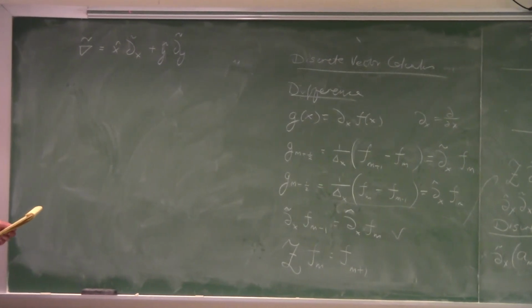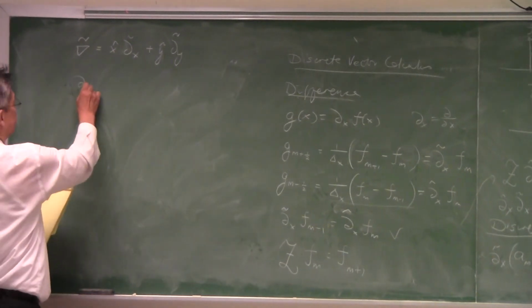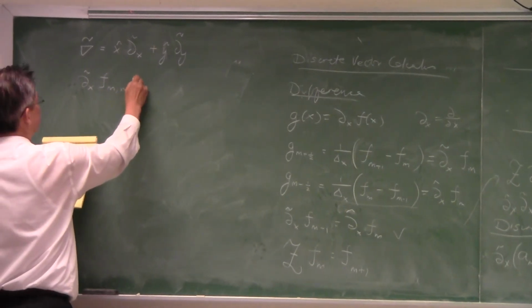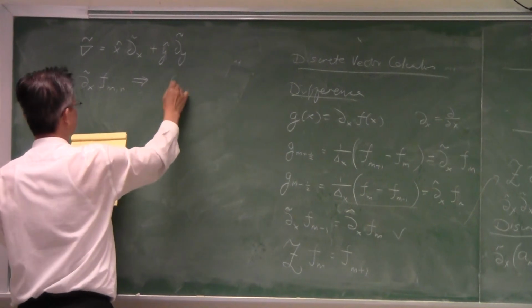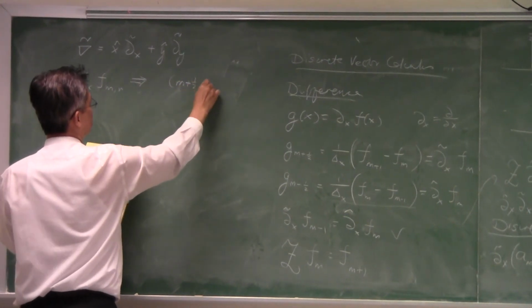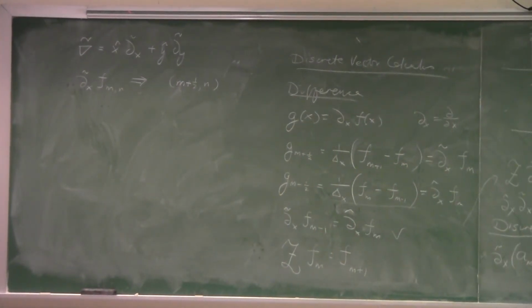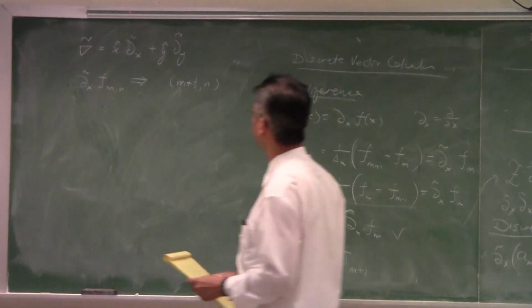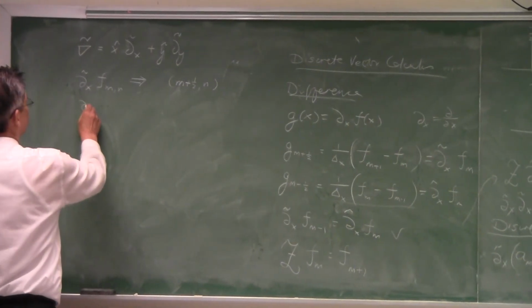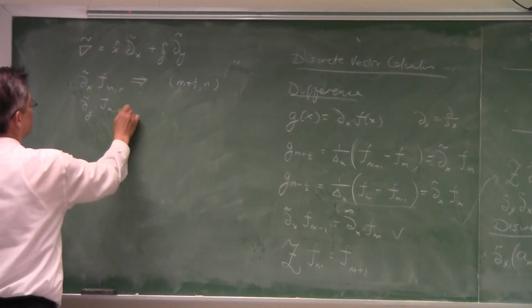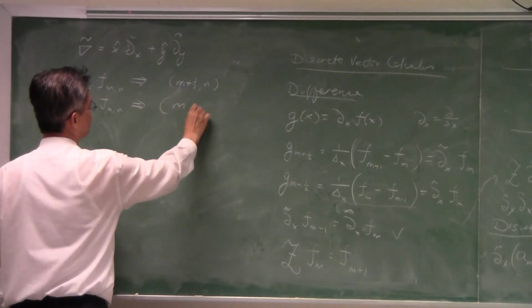And what you notice here is that partial x tilde of f_mn will produce a value that is at the half grid point. Okay, this actually is at the half grid point. And then this thing will produce a value also at the half grid point.